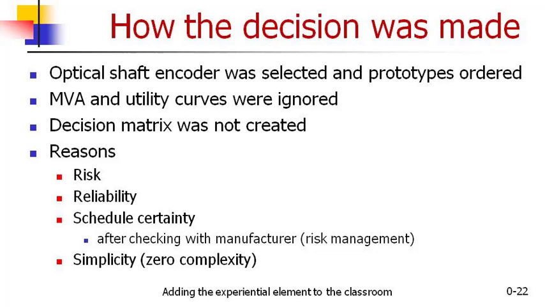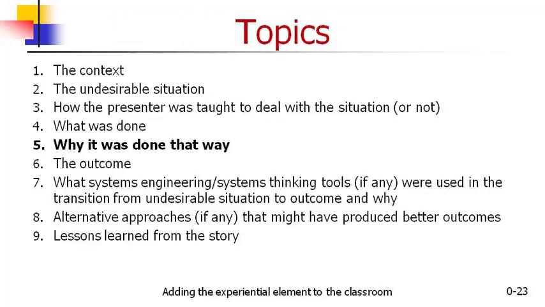They existed. It was reliable. We checked with the manufacturer. We did some risk management to make sure that we could obtain them when we needed them. And it was simple. Zero complexity. All we needed was a digital interface between the microprocessor control board and the device.